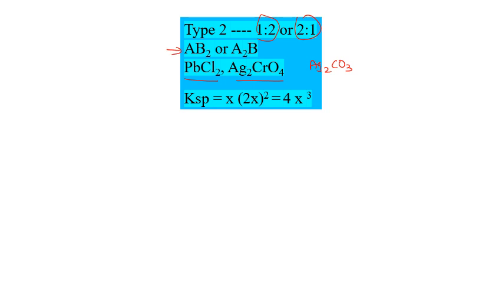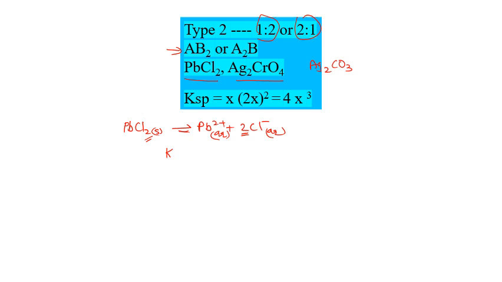Let us see. Let us take the example of PbCl2, which is in solid form, and it will dissociate into Pb2+ and 2Cl-. In order to balance this Cl2 here, we have to put a coefficient 2 here, right? So both are in aqueous state.